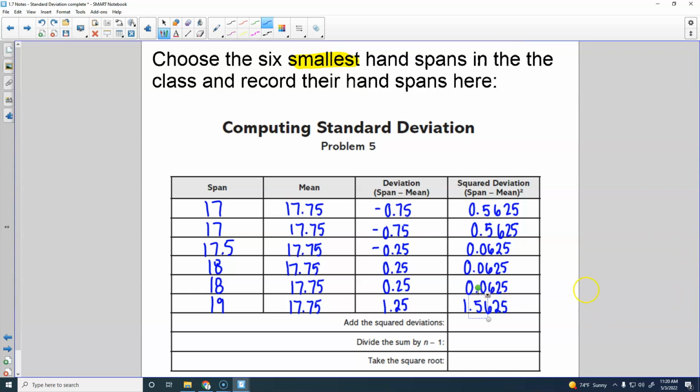Okay, so this time, if I add all those numbers together, I'm getting 4.5625.